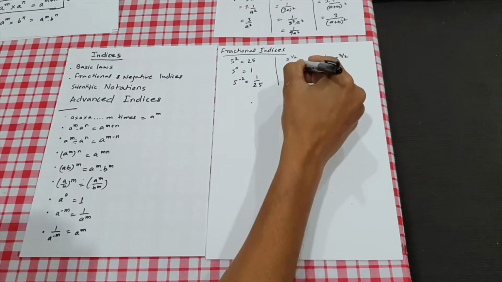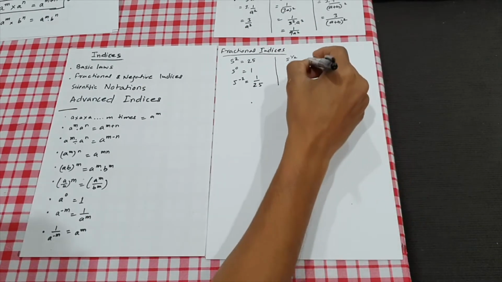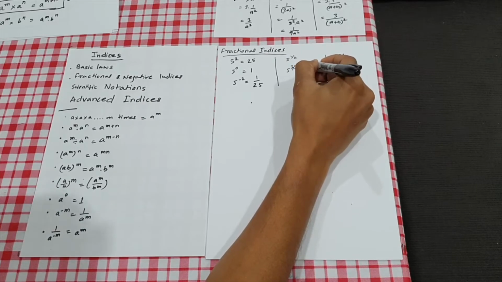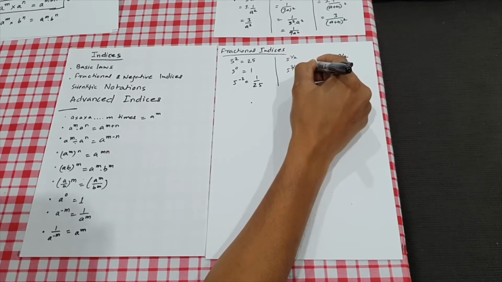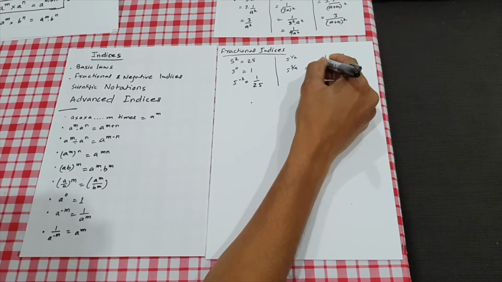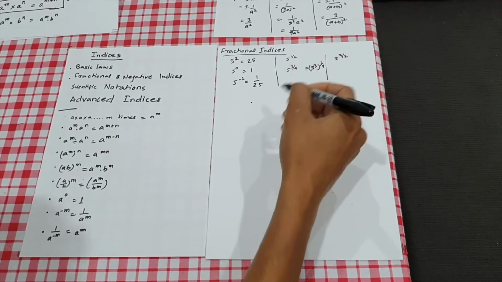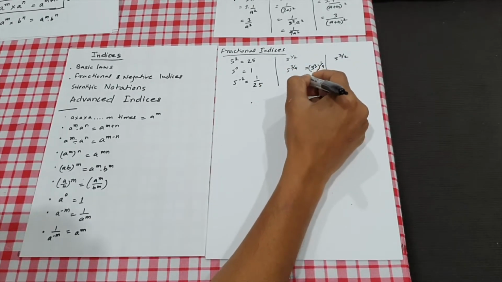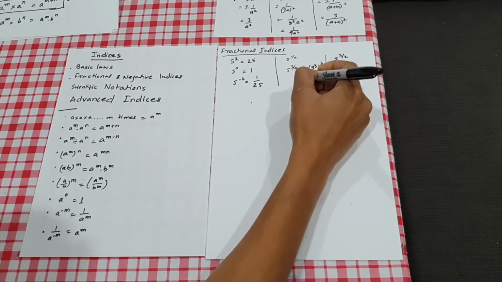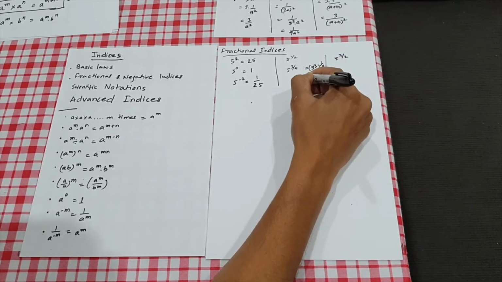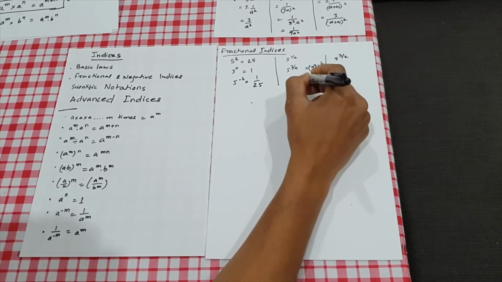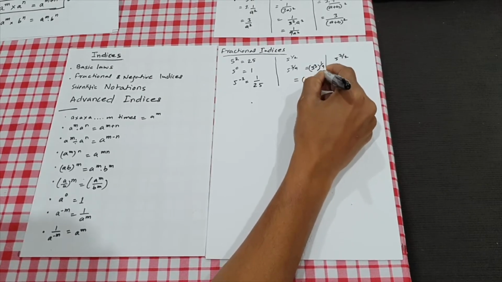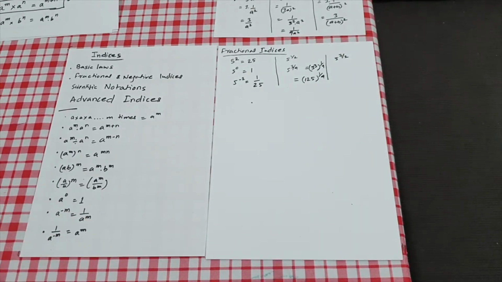So 5 to the power 3 by 4, can we use this as 5 to the power 3 and then 1 by 4? 5 to the power 3, we can calculate, is 125, right? And this is 1 by 4. When we say 1 by 4, it essentially means it is something that you have to take the fourth root of.